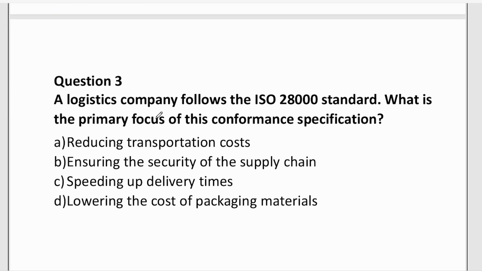And then we have a logistics company that follows the ISO 28000. So this one has to do with security. Okay. So security in supply chain. What is the primary focus of this conformance specification? Well, the primary focus is ensuring the security of the supply chain.